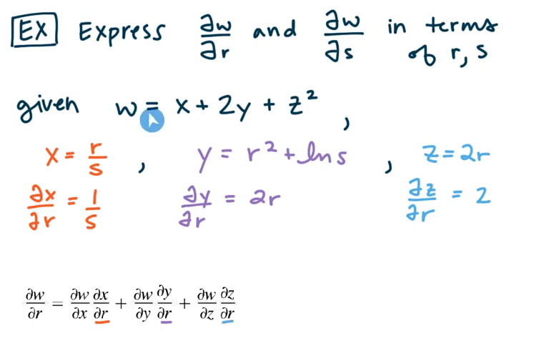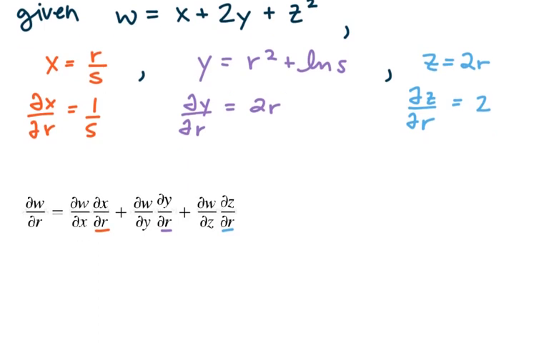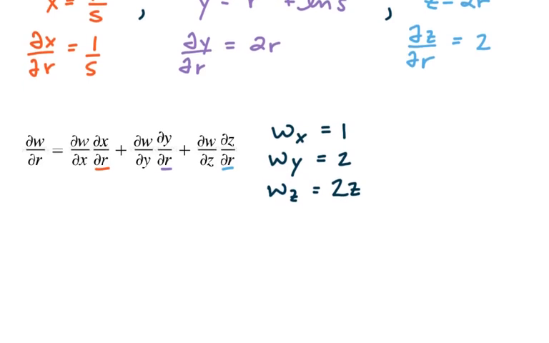So now I need to take this function, w, and take the partial with respect to x, y, and z as well. So let's see, partial of w with respect to x, that means y and z are constants, we'll get 1. Partial of w with respect to y is going to give me 2. And partial of w with respect to z is going to give me 2z. So I've got 1, 2, and 2z.